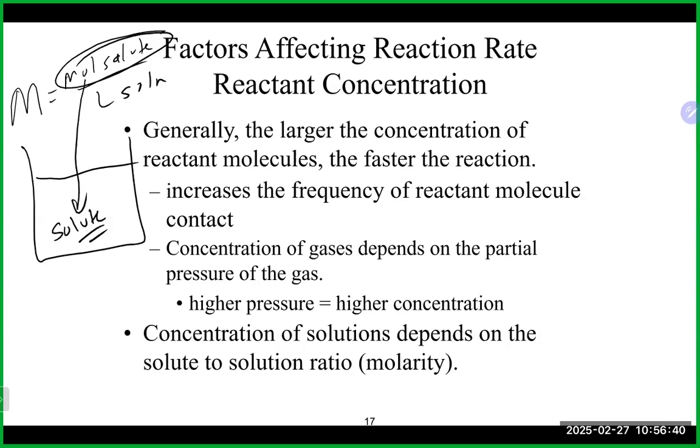So if you have a bigger M value, you should have a larger amount of moles of solute in the actual beaker, and that would allow it to react a lot faster. It increases, as I just mentioned, the frequency with which reactant molecules come in contact with each other.